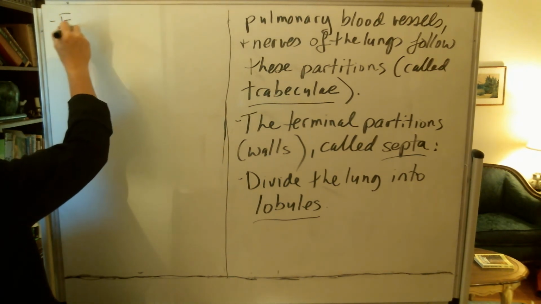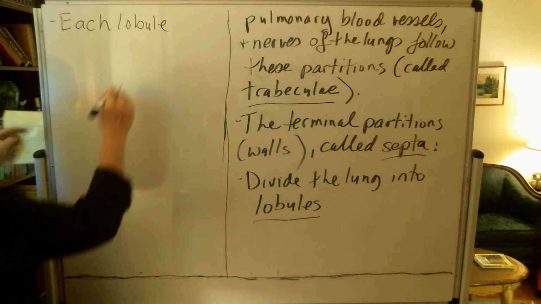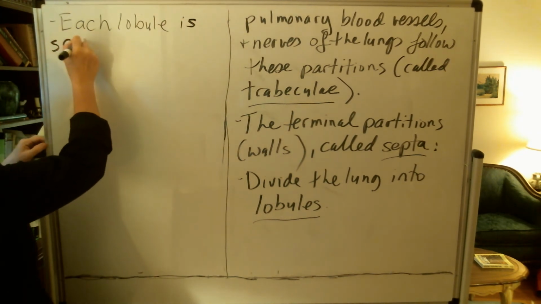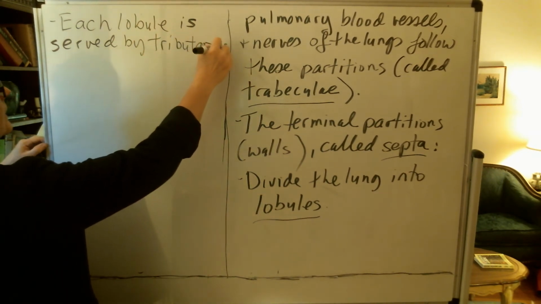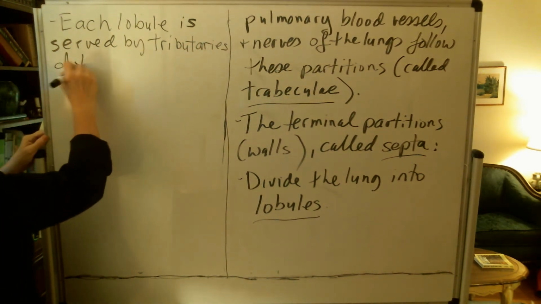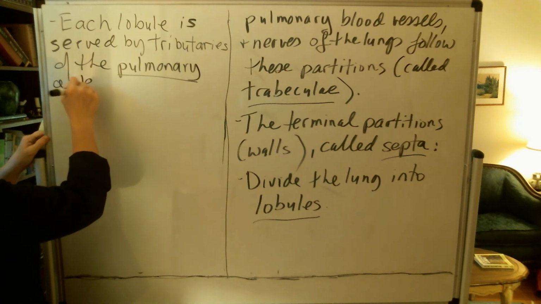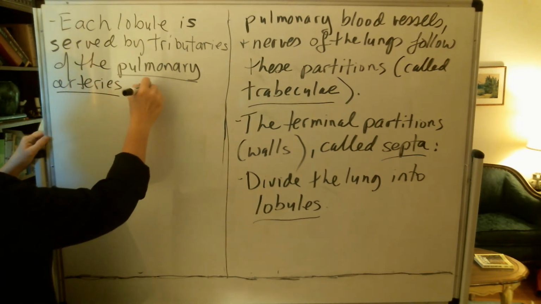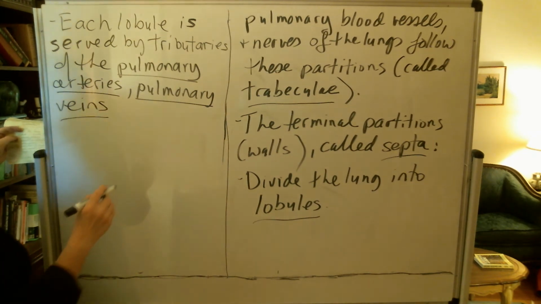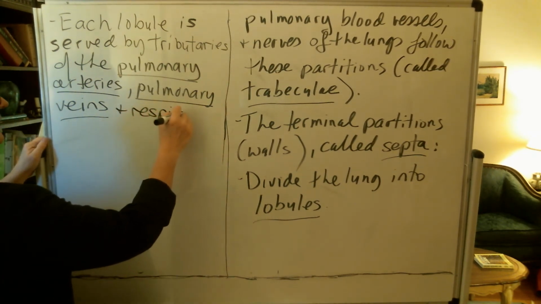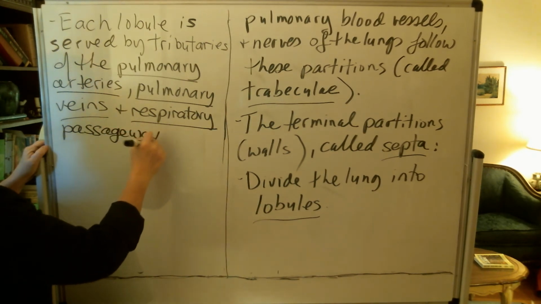So each lobule then is served by tributaries of the pulmonary arteries, pulmonary veins, and respiratory passageways, the air tubes again.